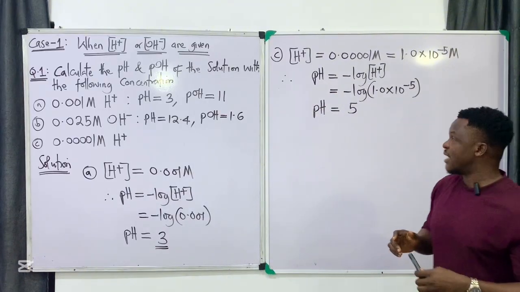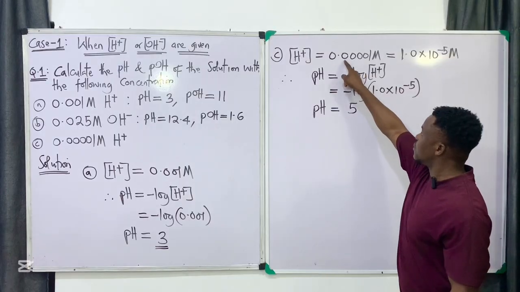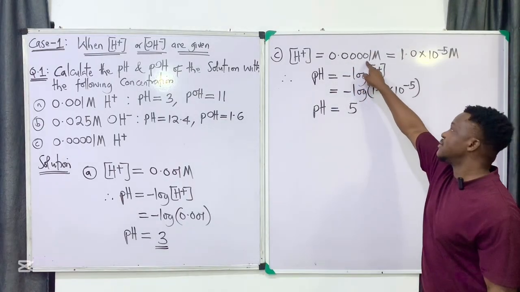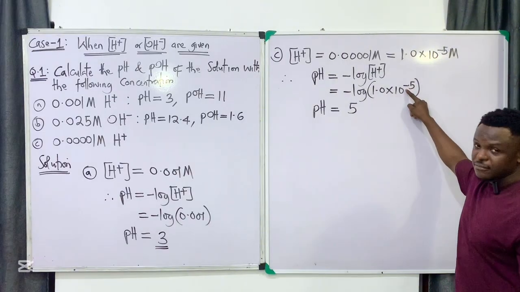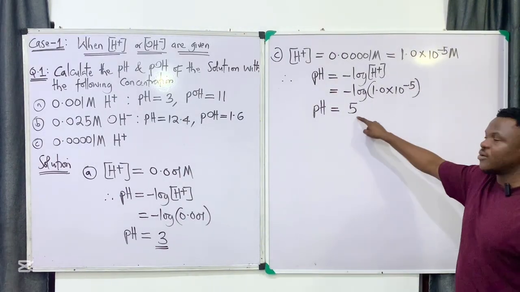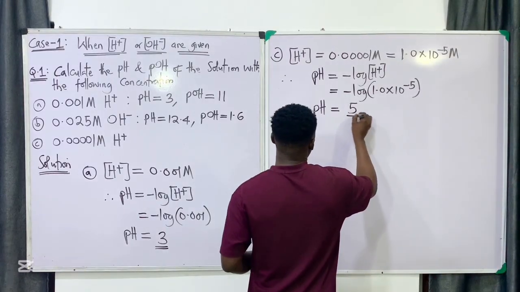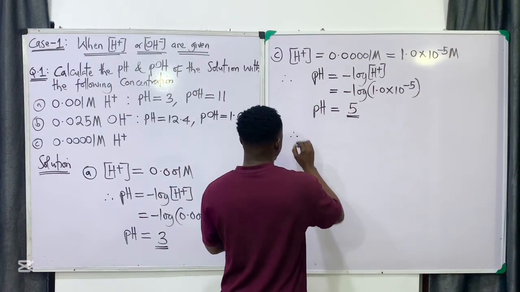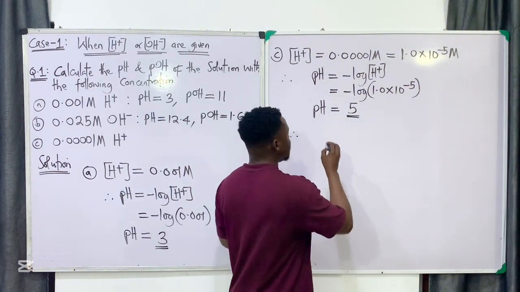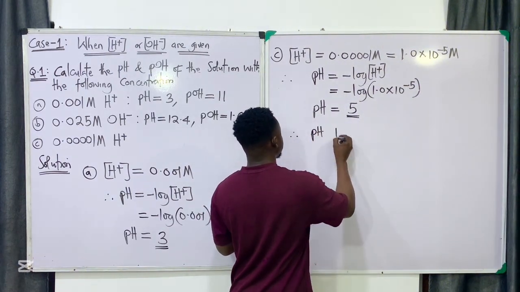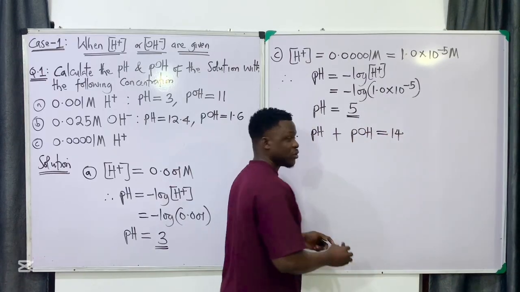Now, let me tell you something. Without a calculator, I can get the answer for this. Anytime you have values like 0.00 ending with 1, once you take the negative log of that, whatever the exponent is becomes the answer. If you press your calculator, you confirm this. So we've gotten pH equal to 5. So what is the relationship between pH and pOH? pH plus pOH is equal to 14.